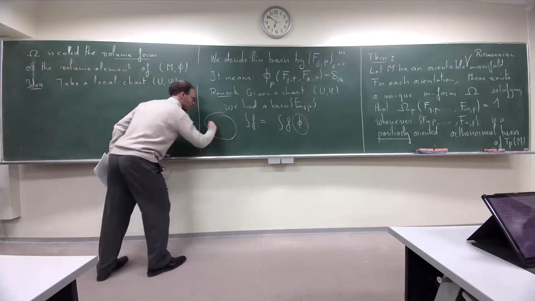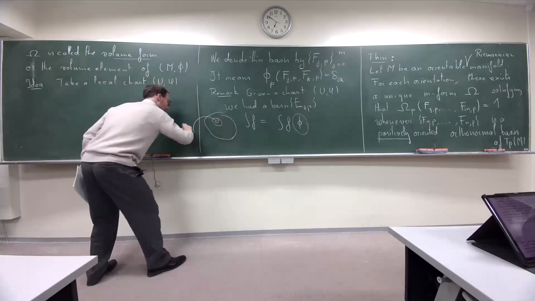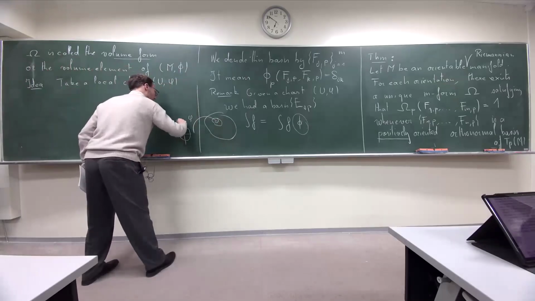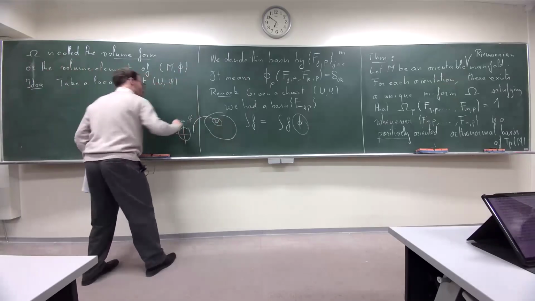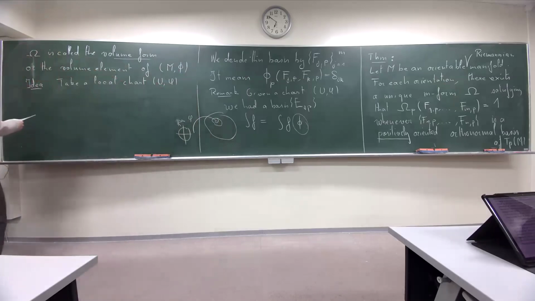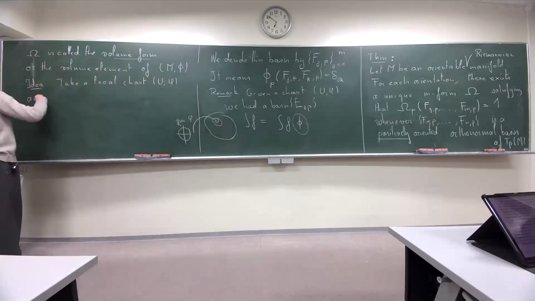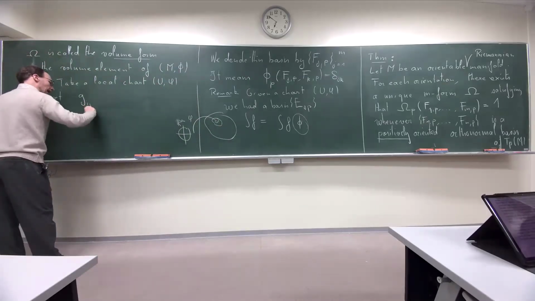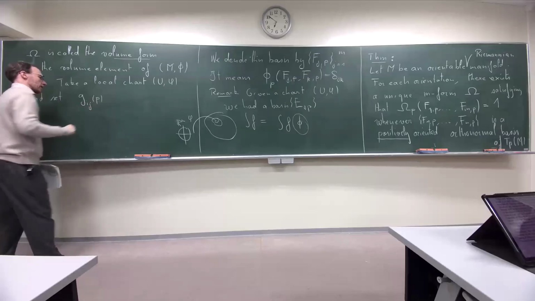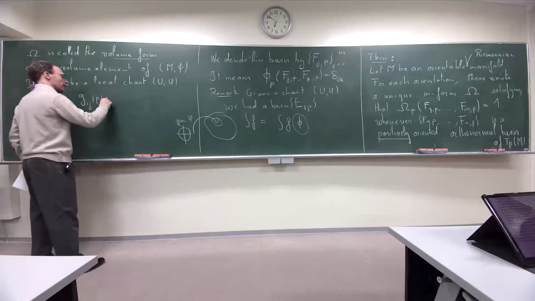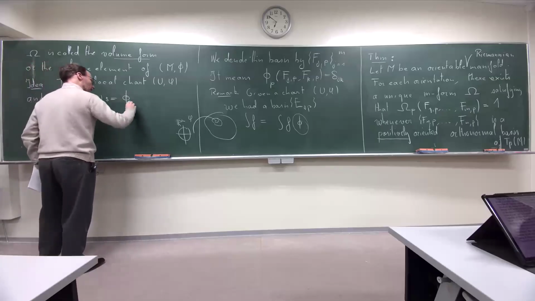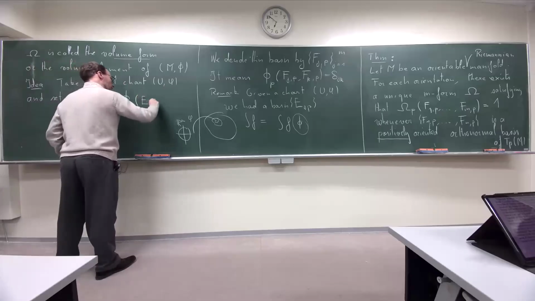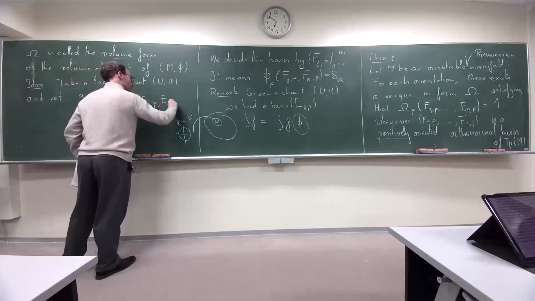So you have your manifold, you take a U and you send it to a part of R^m. Set g_ij(p) to be the following: g_p of e_i, e_j.